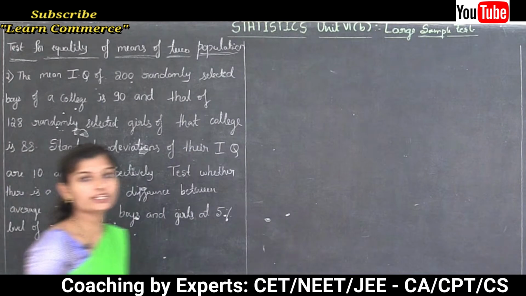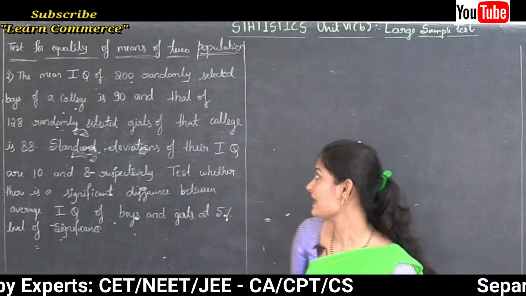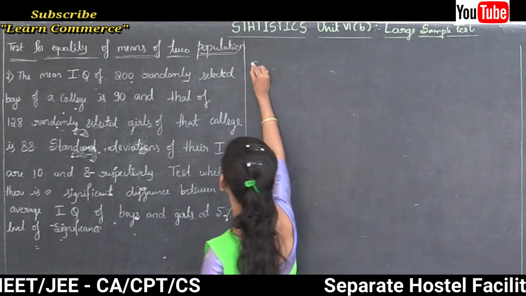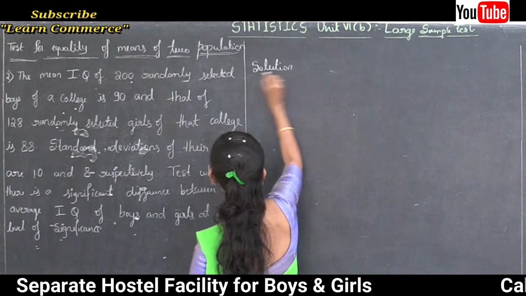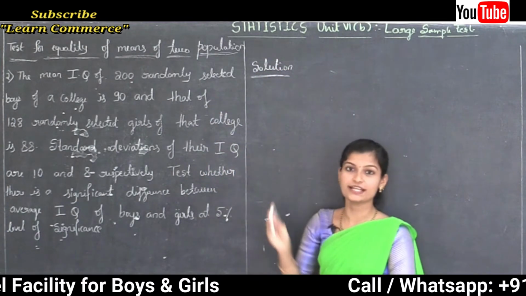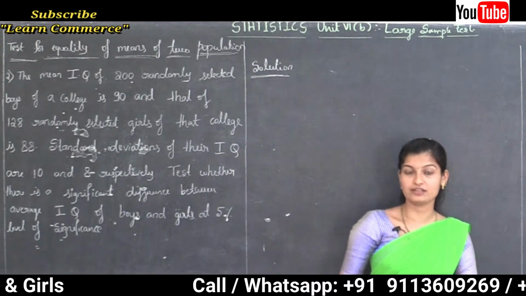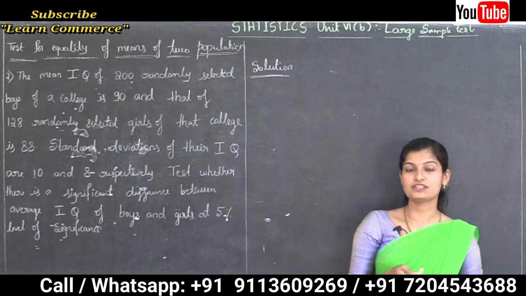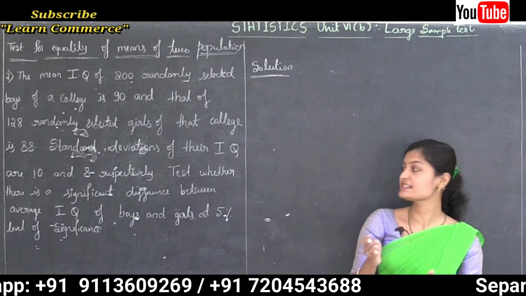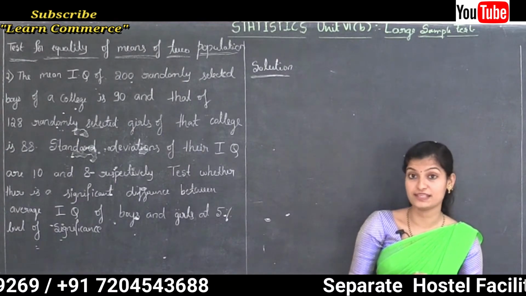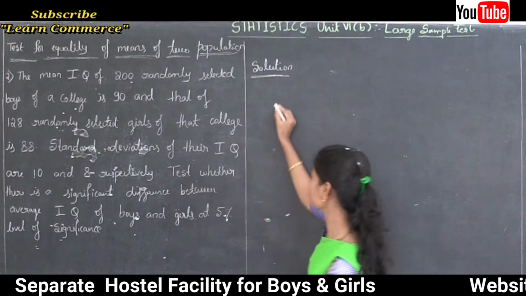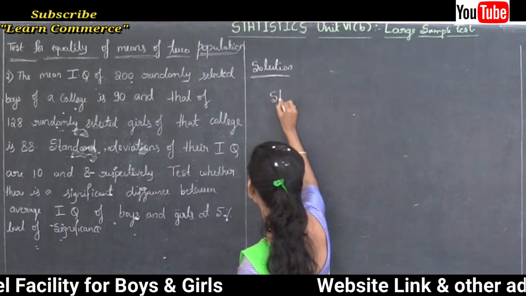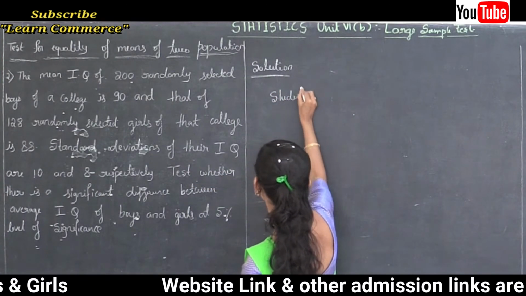See here, what are the given observations? There are two sets of sample observations given. One set of sample observations is based on boys and another set is based on girls. These are college students' observations, so the samples are students.